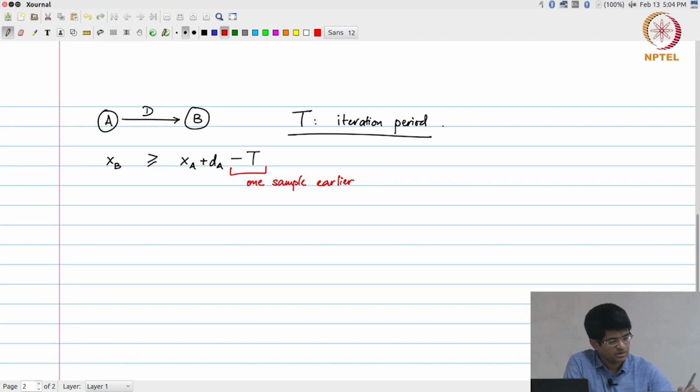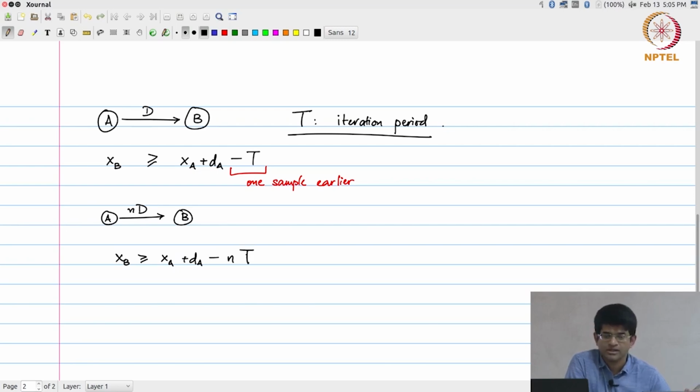Okay, which means I can now generalize this and say, instead of one sample, if I had n sample delays, what would the constraint look like? xb must be greater than or equal to xa plus dA minus n times t. Okay. So this t is just introduced as a new variable, a metric that we want to compute, which essentially allows us to say that this is the time required for completing one iteration.